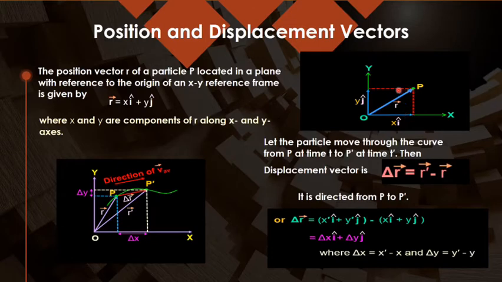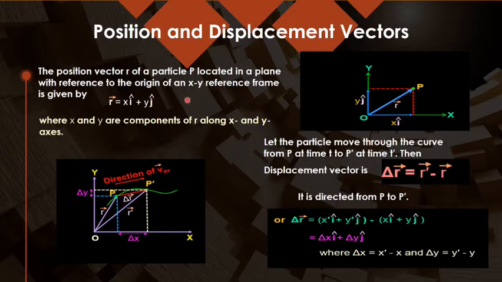Similarly, the projection on the y-axis, this length I am taking as small y. So if I want to write the position vector r, of course we get the position vector by joining the position at a particular instant of time with the origin. So OP, which is written as r vector, is the position vector at any instant of time when the particle is at position P.